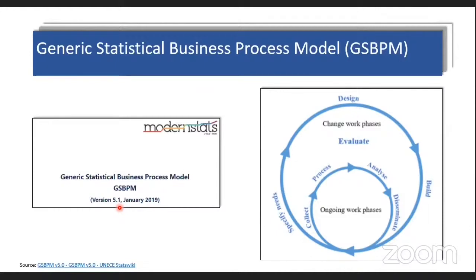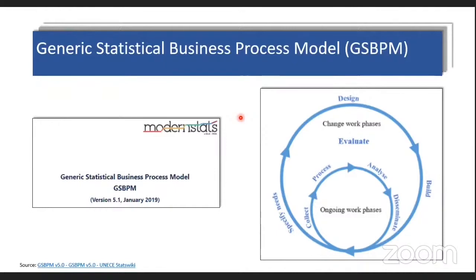So based on that explanation before, we can understand the GSBPM as three parts. First, GSBPM is a collection of related and structured activities and tasks to convert input data into statistical information.